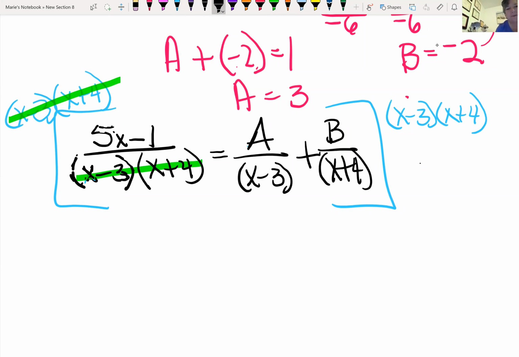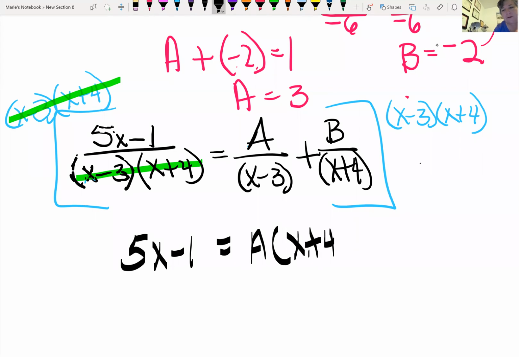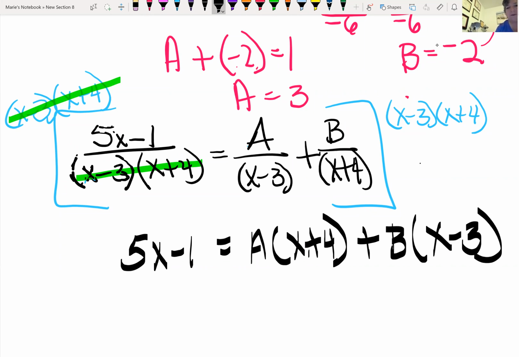So you end up on this side with 5x minus 1 equal to a parentheses x plus 4 plus b parentheses x minus 3. So they end up swapping because, like I said, this cancels with this on this side. And on this side, you'll have the x minus 3 cancel with the fraction as well.